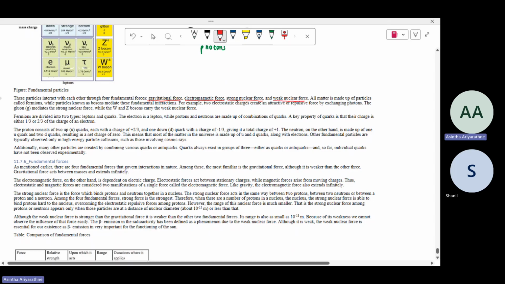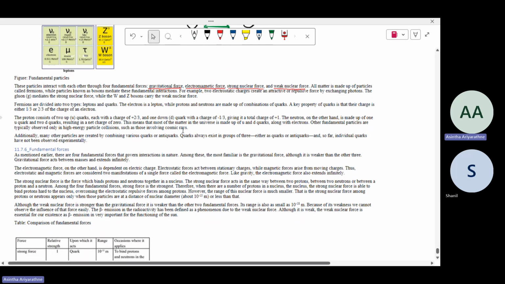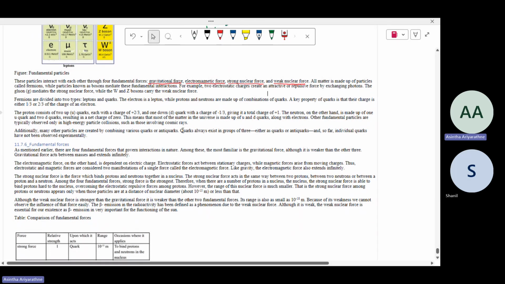Those are the four fundamental forces that are present.